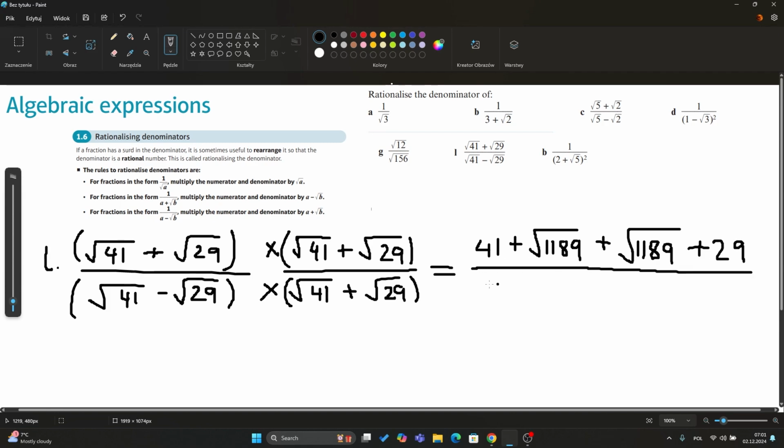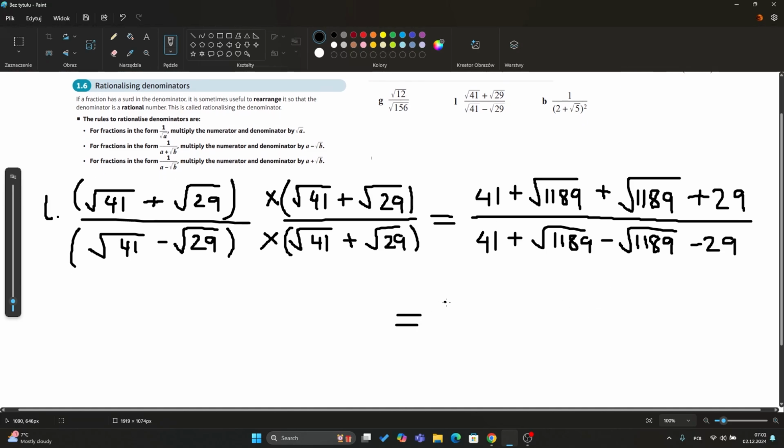So the bottom would be 41 plus root 1189 minus root 1189 minus 29.